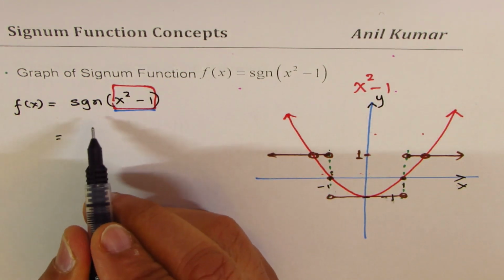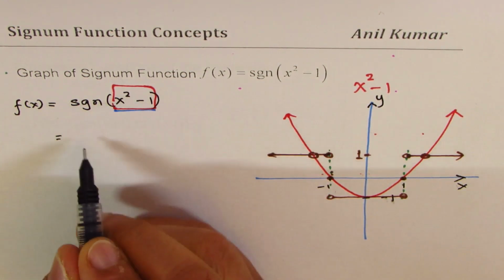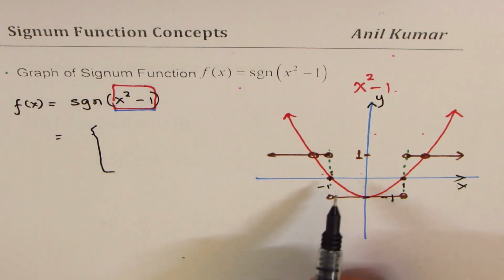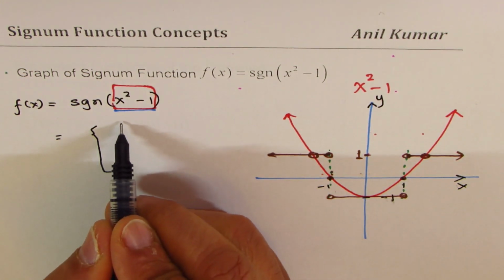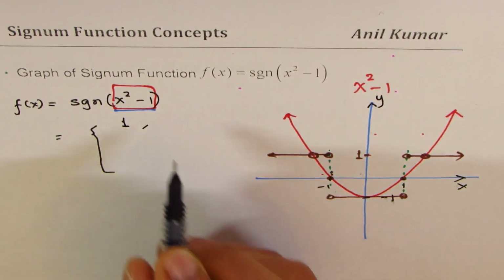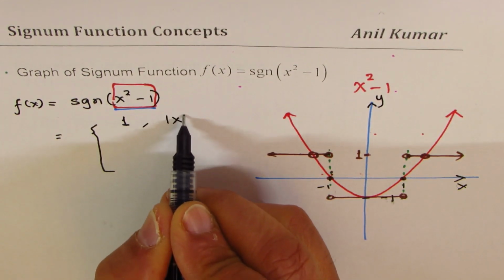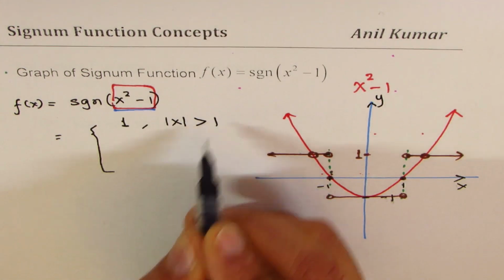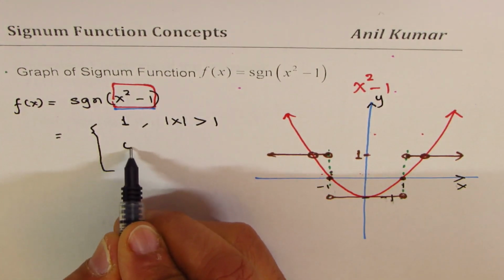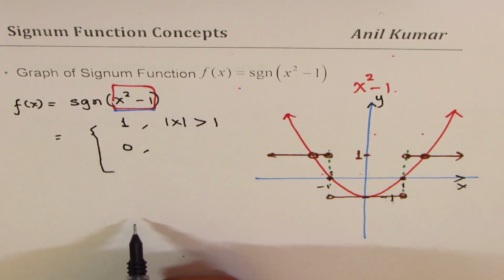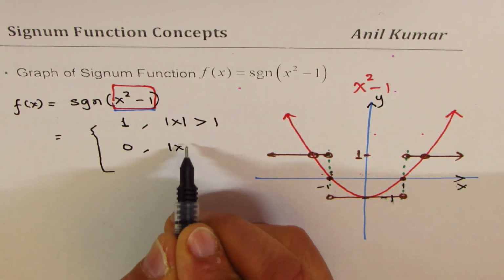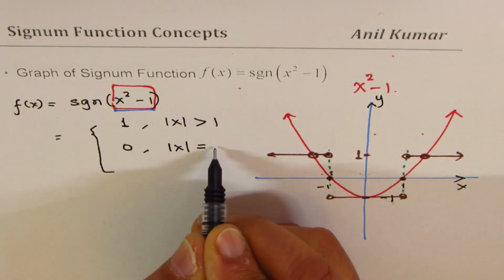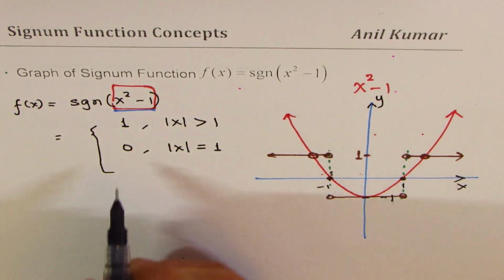So what we can say is that this function is equal to plus 1 when the absolute value of x is greater than 1. Do you see that? And it is equal to 0 when the absolute value of x is equal to 1, correct?